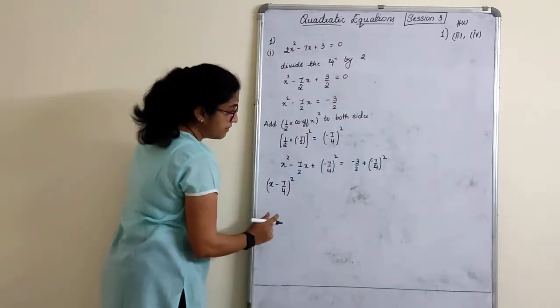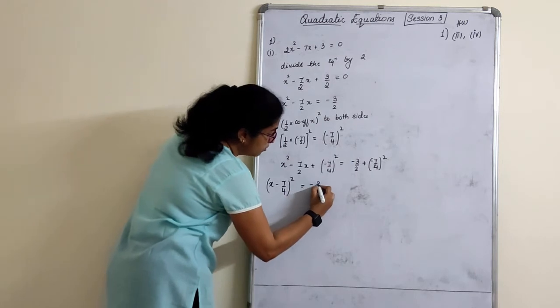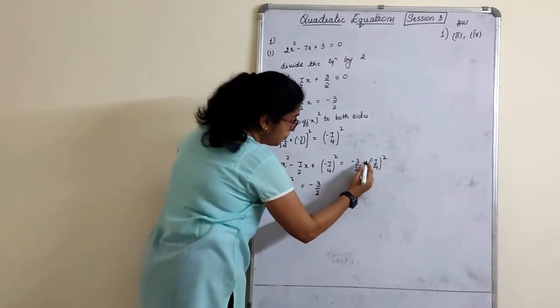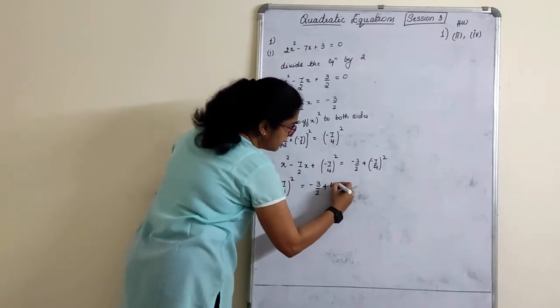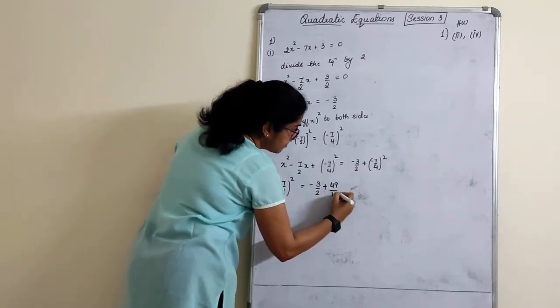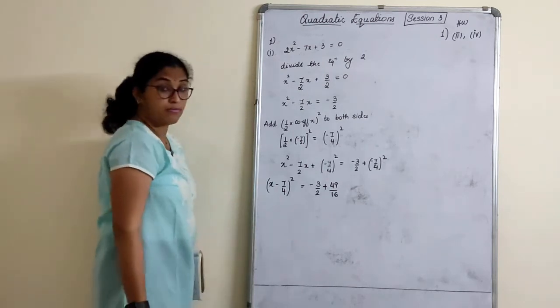So (x − 7/4) whole square is equal to −3/2 + 7² by 16, that is plus 49 by 16.